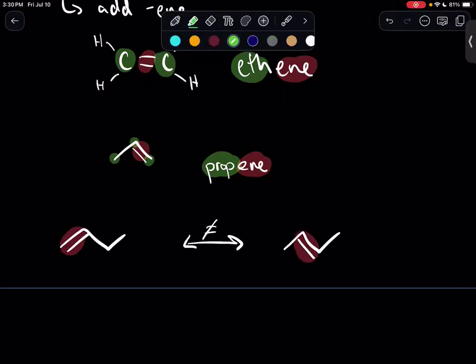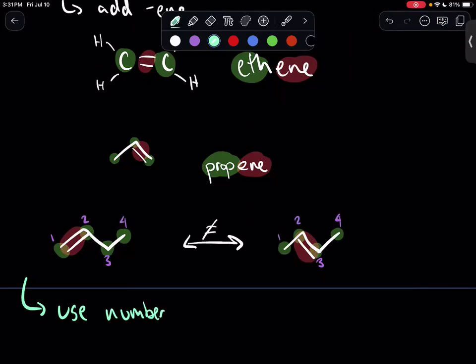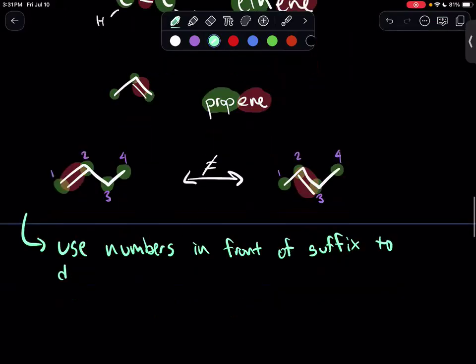While we count 1, 2, 3, 4 carbons in each, the double bond position is different. Because of that, we're going to use numbers in front of a suffix to denote position.